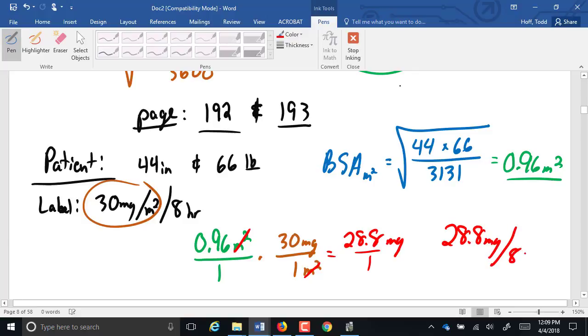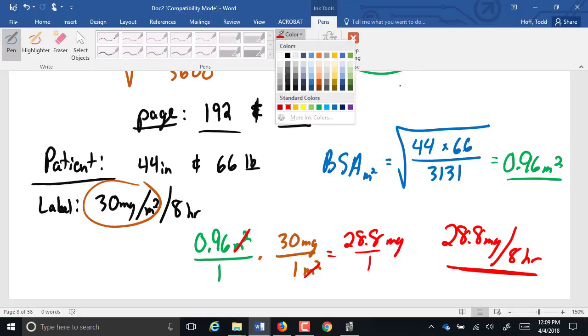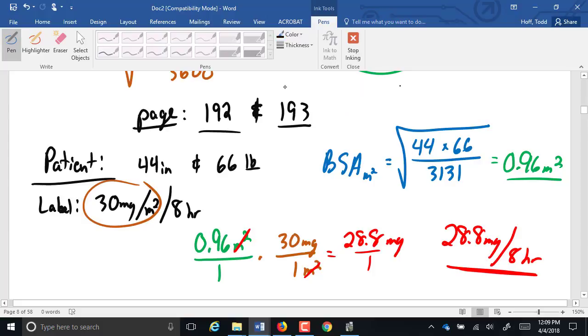And then we have to put in the time for 8 hours. So 28.8 milligrams every 8 hours. Now there we left it in milligrams because we were not given the concentration in the fluid.